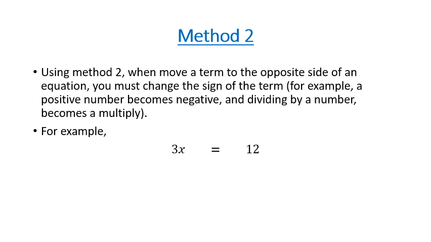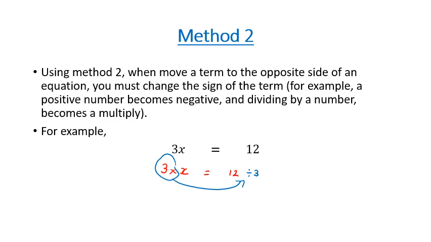Now with method 2, we still use the inverse, but we only do that when we move it to the other side. So 3x, for example, is 3 times x, and that's going to equal 12. But what I can do is take this 3 times and move it to the other side. When I do that, it becomes divide, so it becomes the inverse.